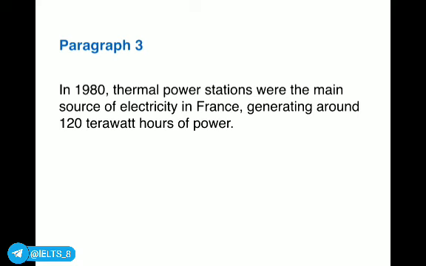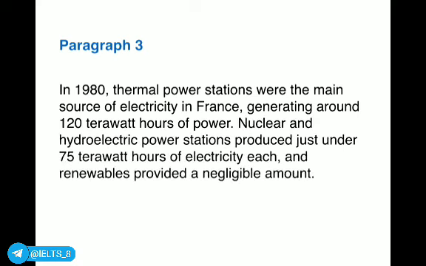Then moving on, we add a comparison with the other 3 sources. Nuclear and hydroelectric power stations produced just under 75 terawatt hours of electricity each, and renewables provided a negligible amount. Negligible means very low, almost nothing. So I've taken 1980 and mentioned all 4 sources of power.